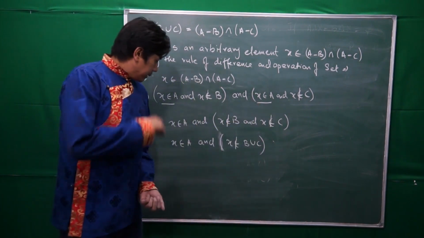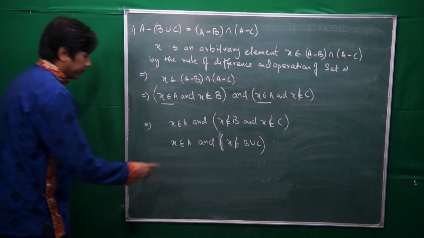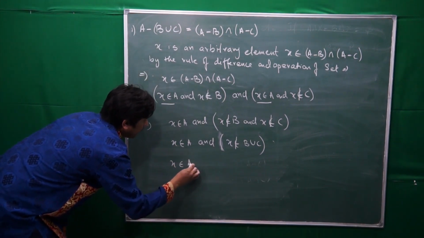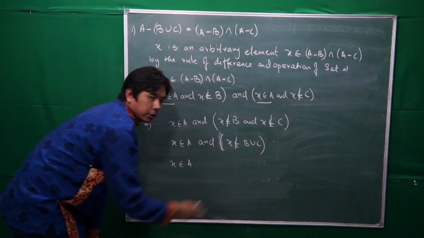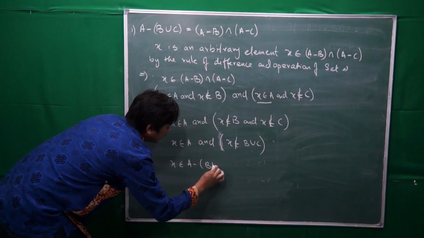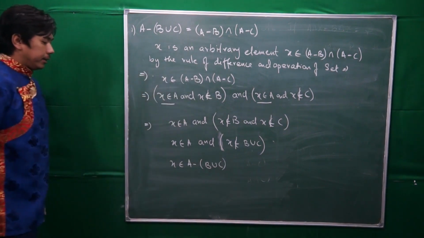So that being said, we can write X belongs to A but it does not belong to B union C, that is, A minus B union C.